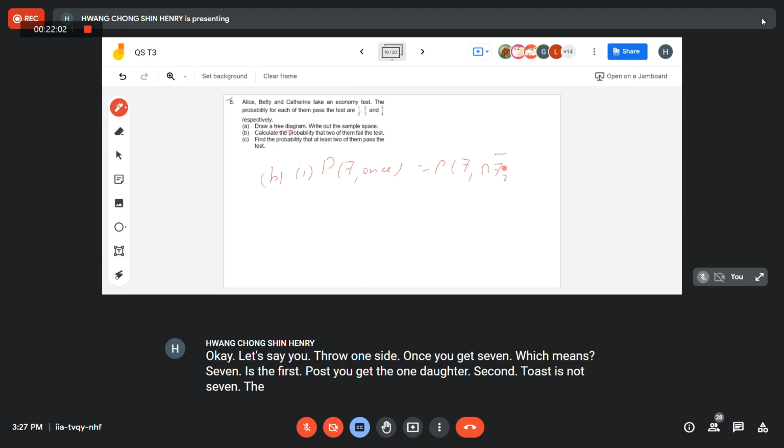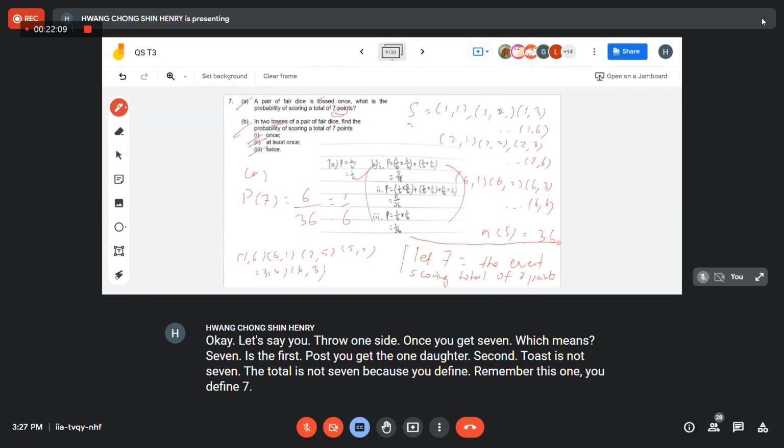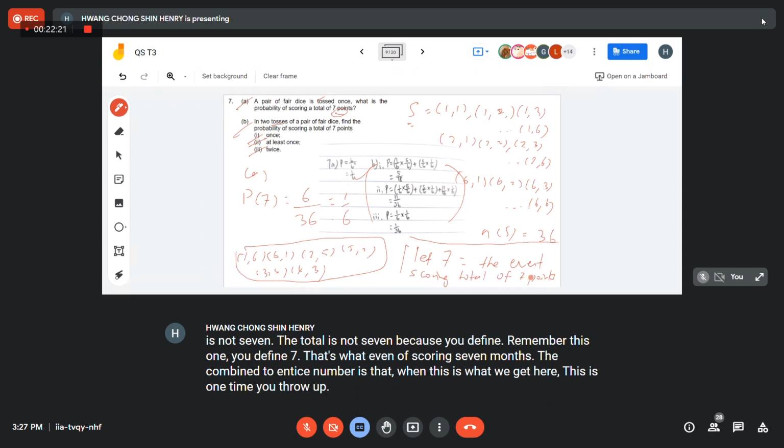The total is not 7 because you define. Remember this one? You define 7 as the event of scoring 7, the combined two dice number is 7. This is what we get here. This is one time you throw. First toss, you throw 2 dice. But now you got 2 tosses.